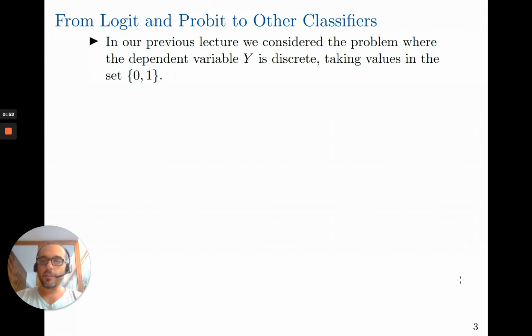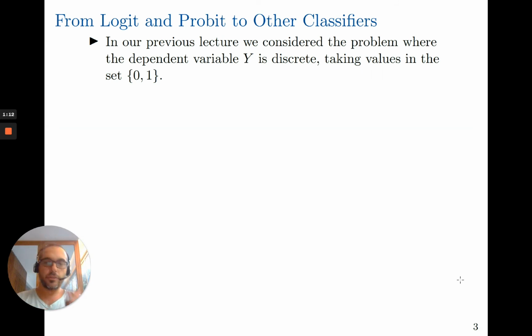So let's refresh a little bit what we saw in the previous lecture. How can we go from logit and probit to other classifiers? Here I'm thinking again about a two-class classifier.